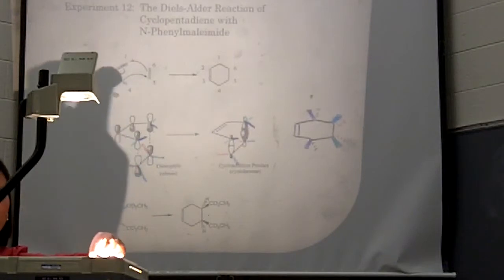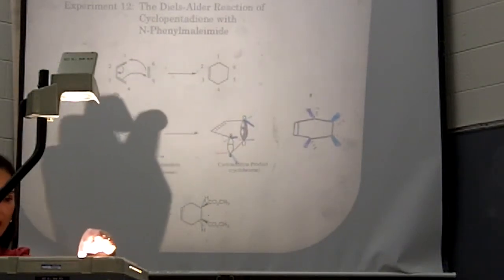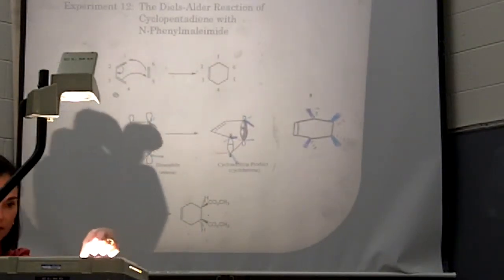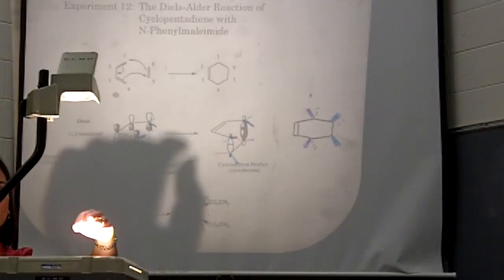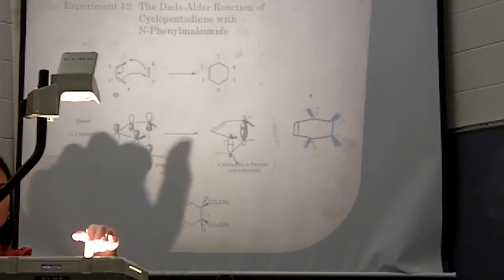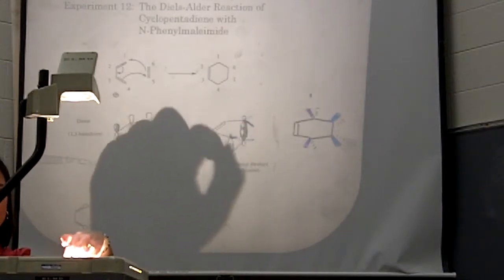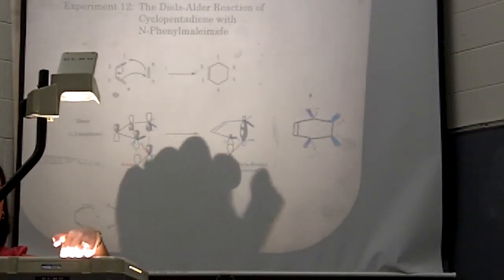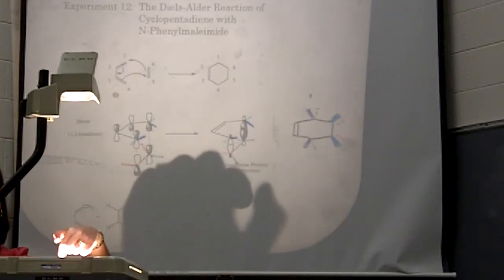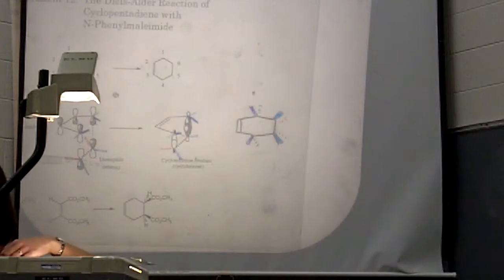Because we have these double bonds, we have all of these p orbitals that are involved in the double bonds, and we get the sigma overlap of these p orbitals, and based on that overlap, the cycloaddition product is formed. This picture here is just showing that you conserve your stereochemistry in this reaction, okay?